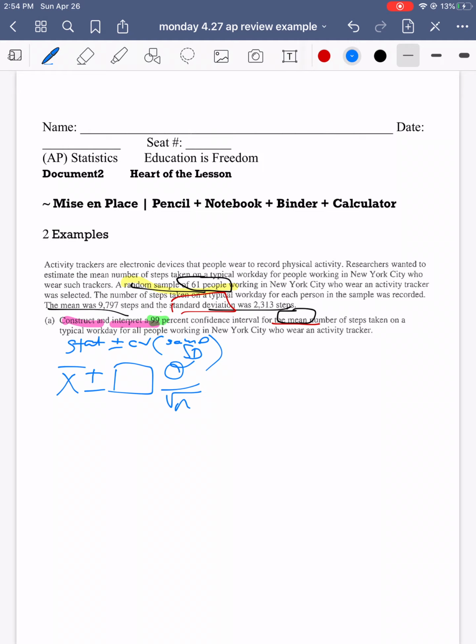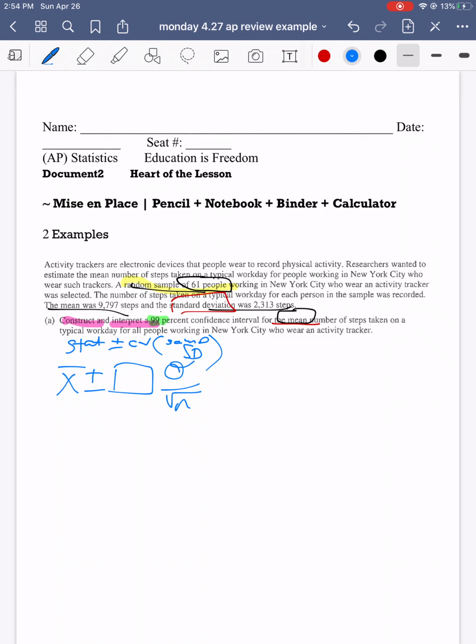Now the critical value here, we've gone over this many times, so hopefully you know what I'm going to ask you here. But based on the responses on the quarter 3 IA, most of us are still not getting this step correct.